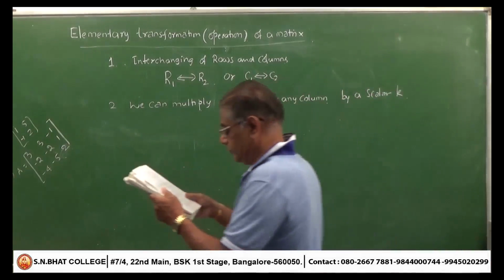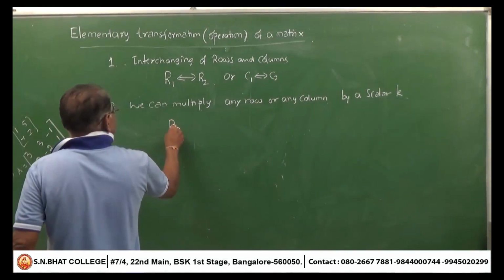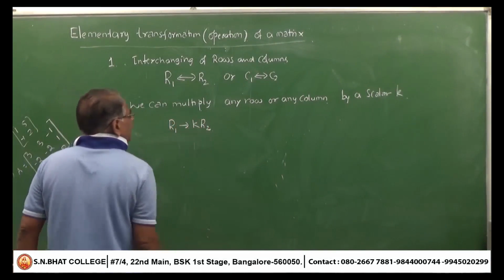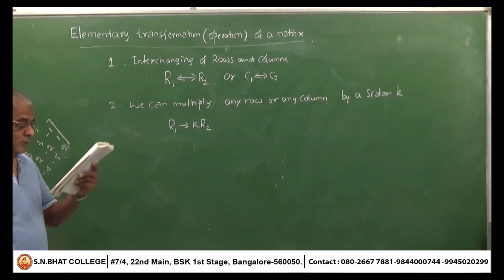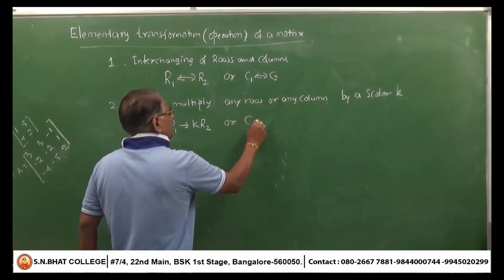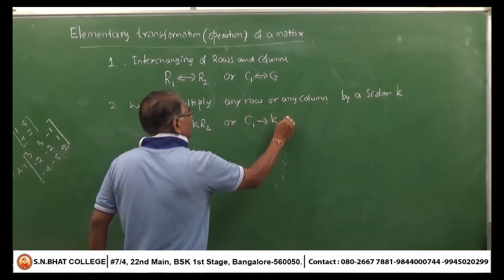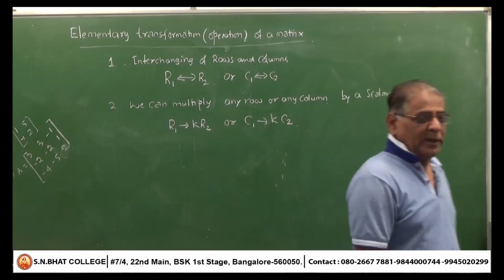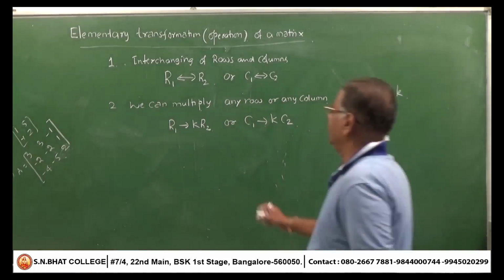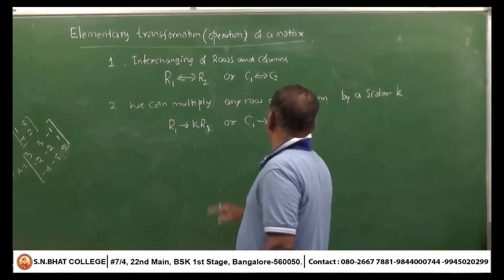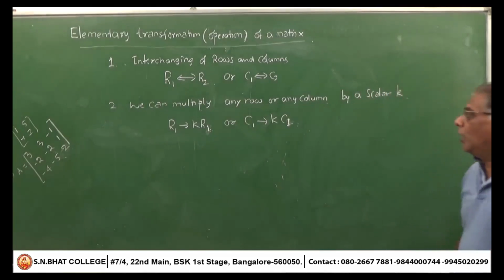That is, R1 is replaced by K times R2, or C1 is replaced by K times C2. We can multiply any row or any column by a scalar K.